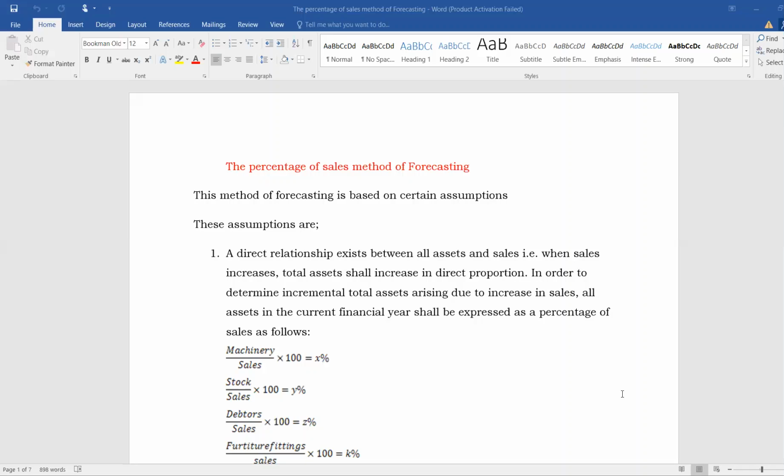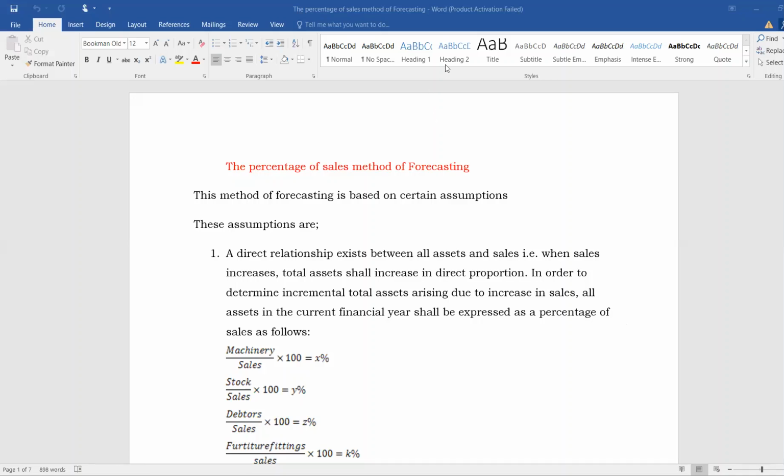Some of these are managerial finance functions, those which are routine financial functions. And therefore, financial planning and forecasting is one of these key functions that finance managers play in a corporate setup. So it involves predetermining the firm's future financial requirements.